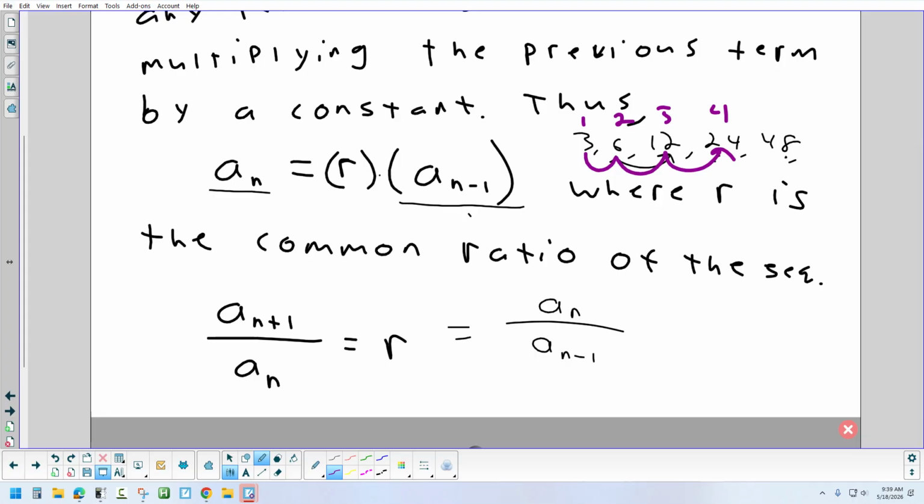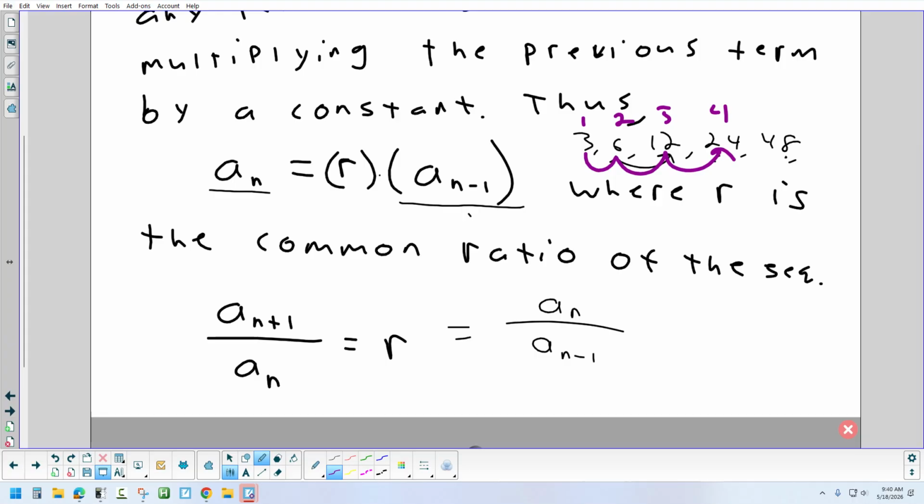How many times do we multiply by 2 to get from the first term to the fourth term? 3. It's 1 less than the position number that you're trying to find.